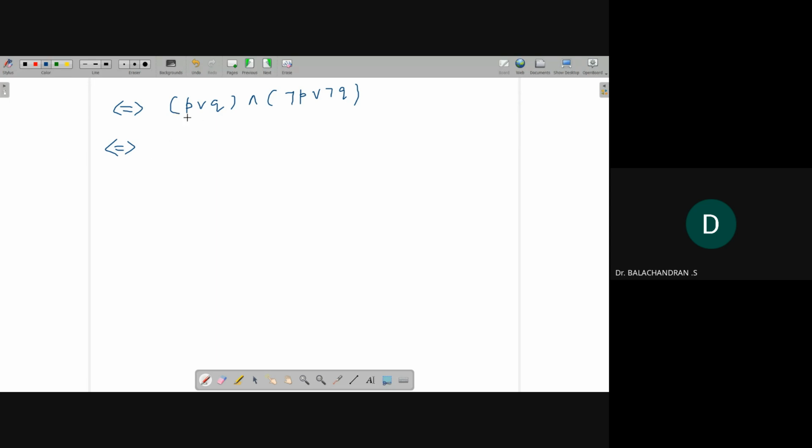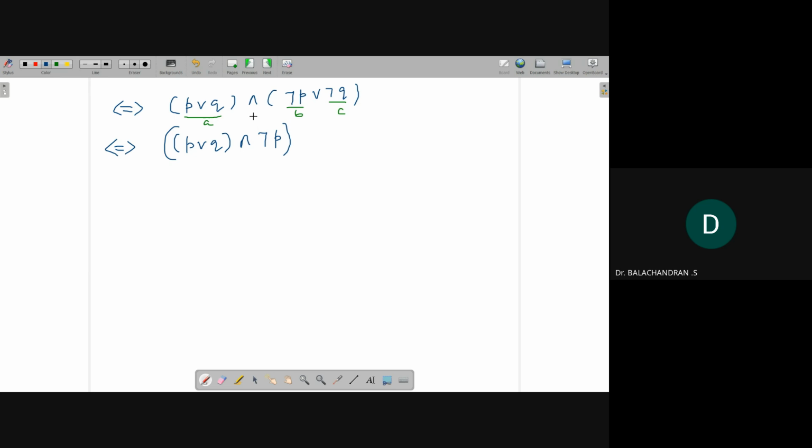Consider this is A, P or Q, and negation P, close the bracket. Consider this is A, this is B, this is C.